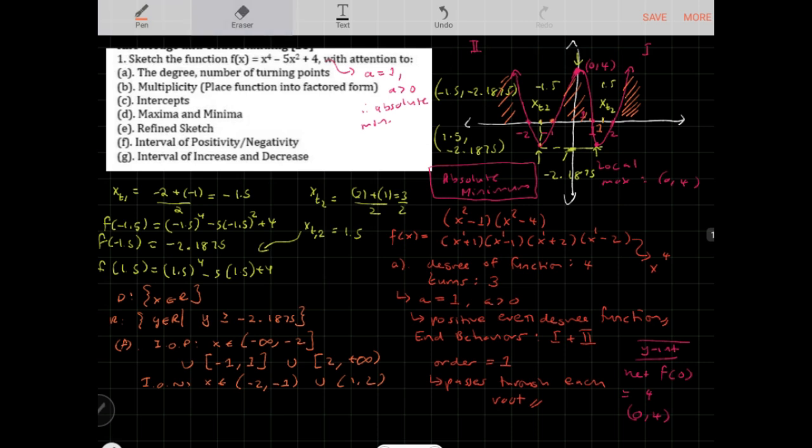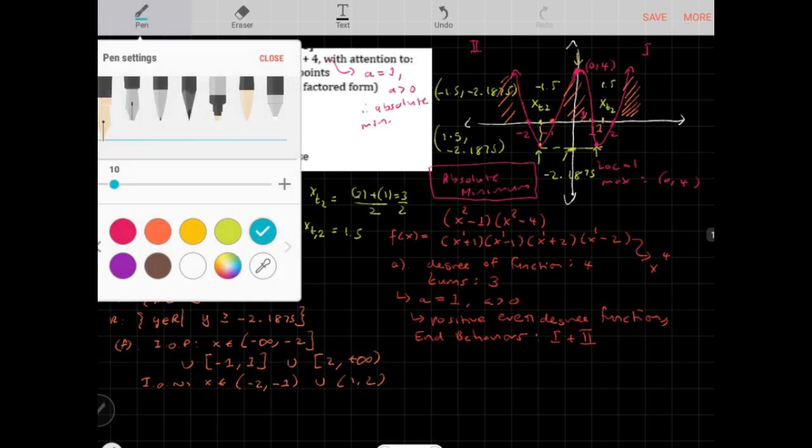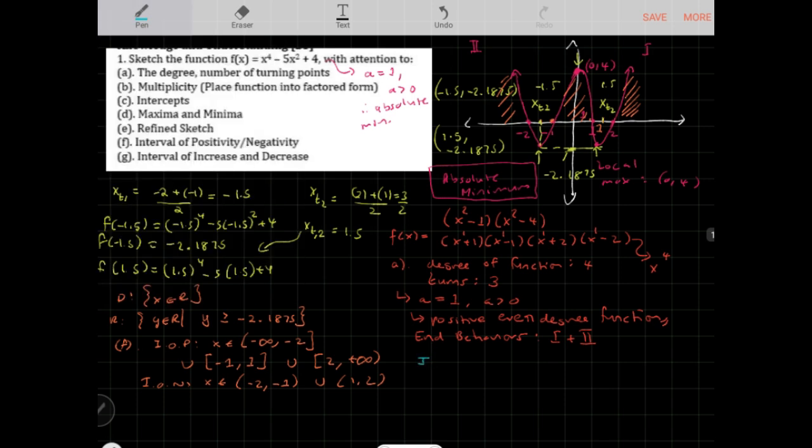And the last part here, and this is a pretty large question, is the interval of increase and decrease. I'm just going to erase all this out. Let's do the interval of decrease first.